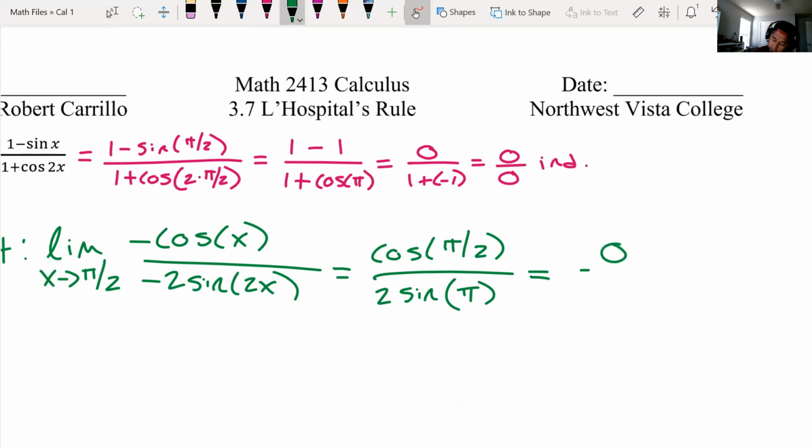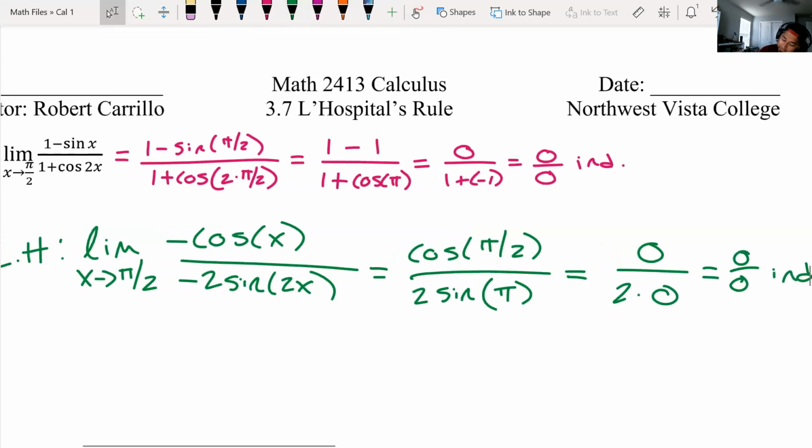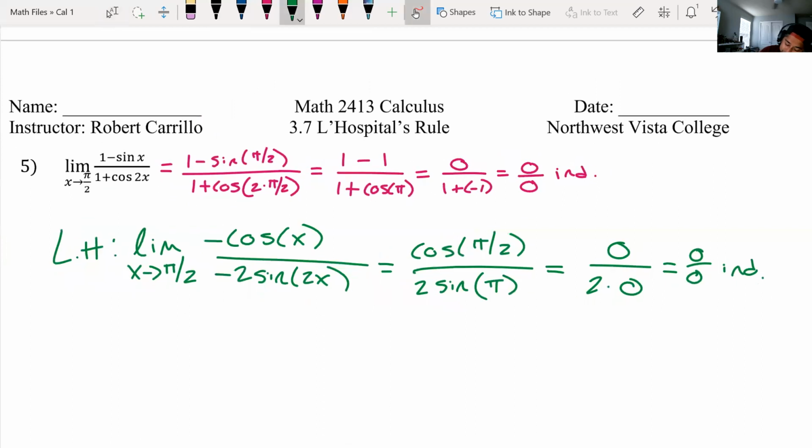Zero. Sine at pi is also 0. So again, we get indeterminate. Oh boy. Take him to the hospital again.